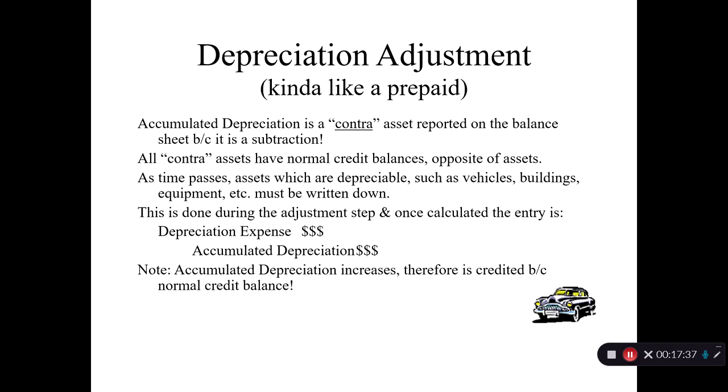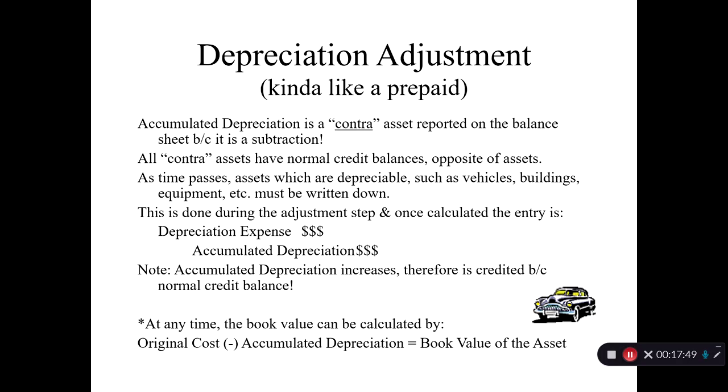So accumulated depreciation increases, therefore it is credited, a normal credit balance. At any time, the book value can be calculated by taking the original cost of the asset minus whatever the balance is in accumulated depreciation, to give you the book value of that asset if you wanted to sell that asset or so forth, get rid of it.